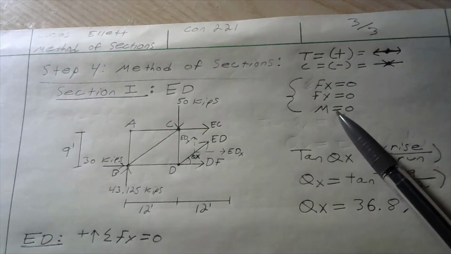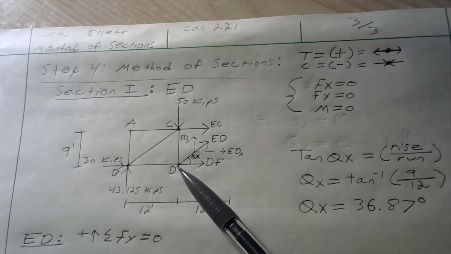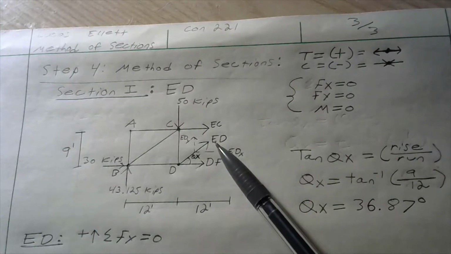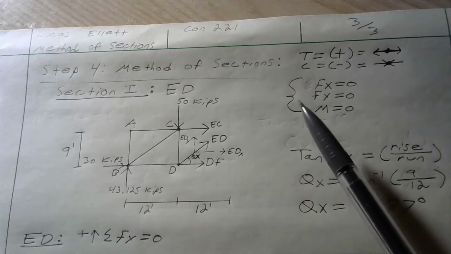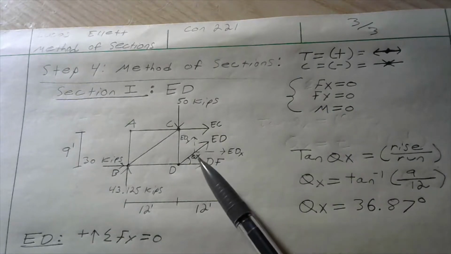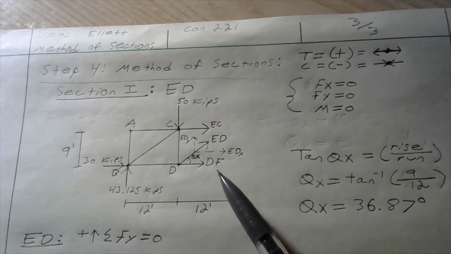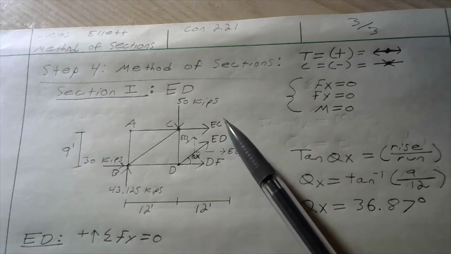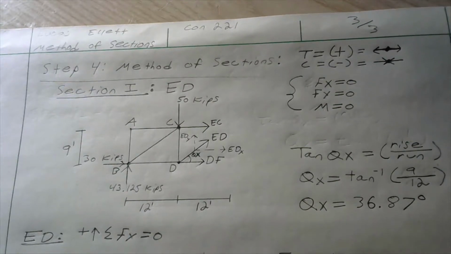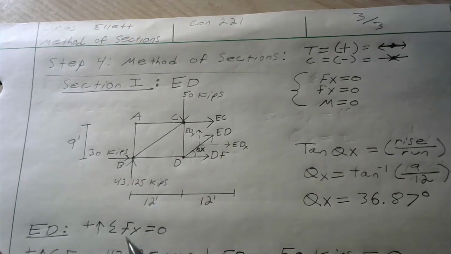We couldn't take moment, because if we do moment about D, it will cancel out our ED. So we have to use F of y, and that's good because ED has a vertical component, and the other two don't. So these two will not be included in our equation, and EDy will be. So I wrote that down here.